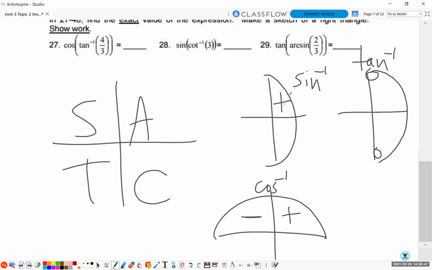Sine, positive here, negative here. Tan, all students take calc. You see how bad I am? Positive, negative. All right, so you're switching. Once you have your answer in the parentheses, in order to meet the restrictions of your inverse, you may need to switch quadrants.